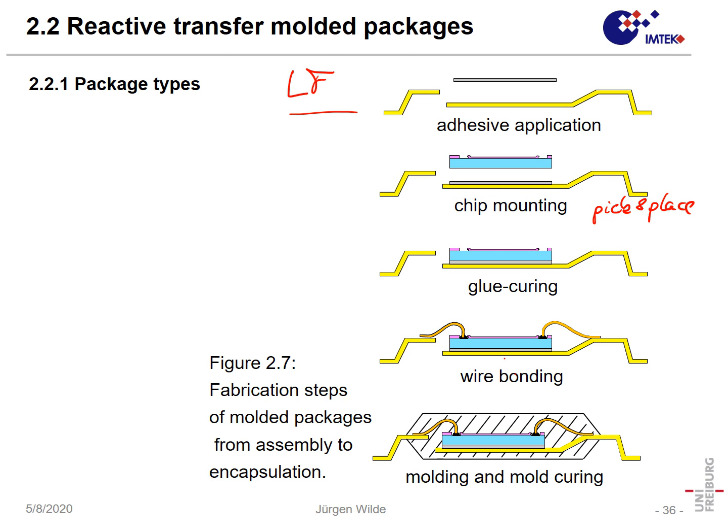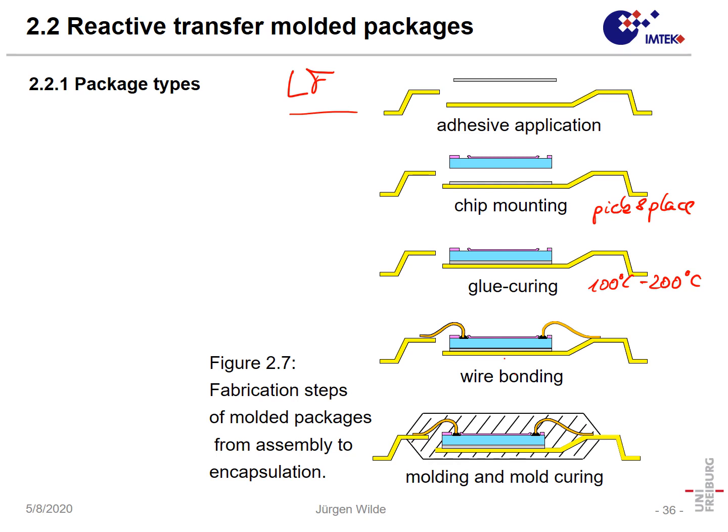And of course, no person will do this, but this is done by an automated system. And after we have this, the lead frame is put in an oven and at a temperature between 100 and 200 degrees centigrade. The glue is cured. That depends on the type of the glue. At the next step, we can go into the wire bonding. The wire bonds are drawn from the chip surface to the lead frame.